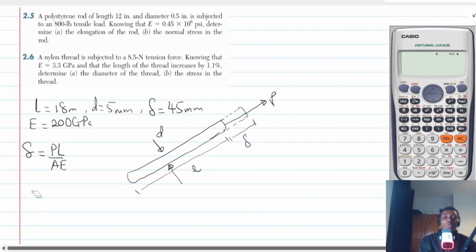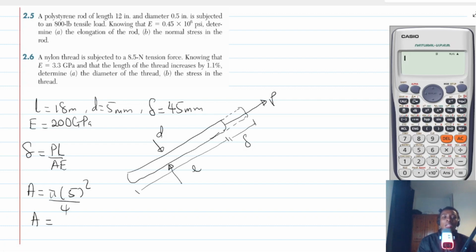In fact, the diameter will help us to get the area, and we know E. So we can first of all find the area, which is pi d squared over 4, so our area is going to be pi multiplied by 5 squared divided by 4.